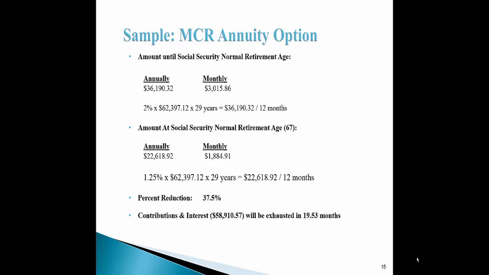In this example, the total contributions and interest will be exhausted in just over 19 months. The retiree will receive a lifetime benefit. However, only if he or she dies within the first 19 months of retirement would a beneficiary receive a benefit.